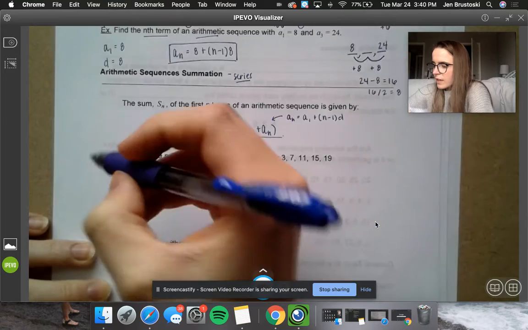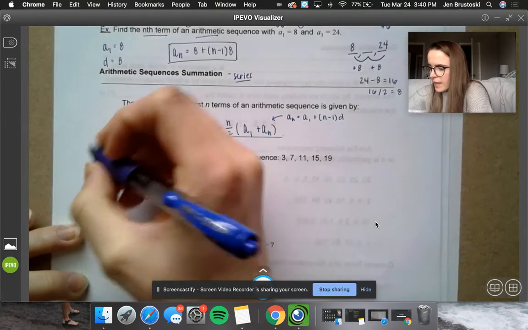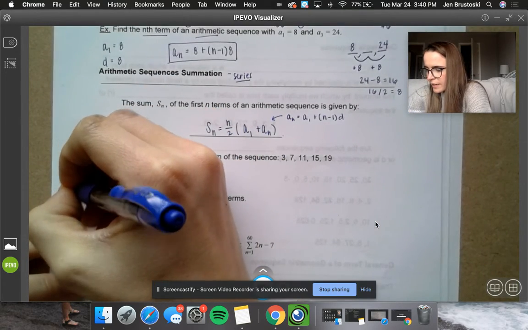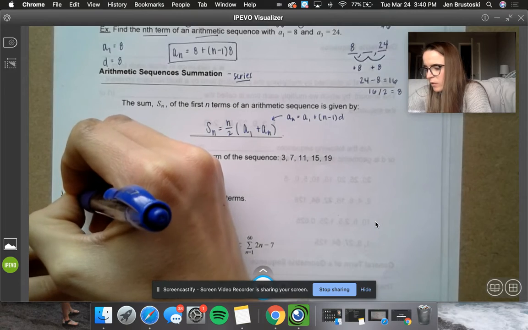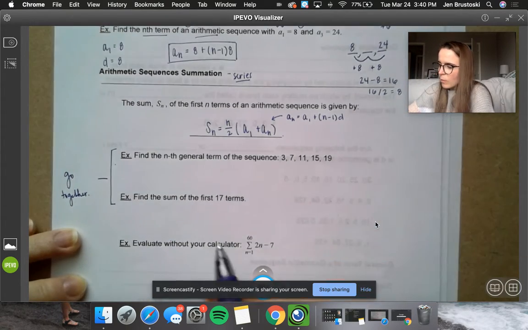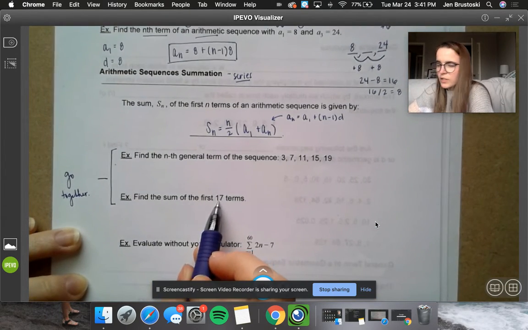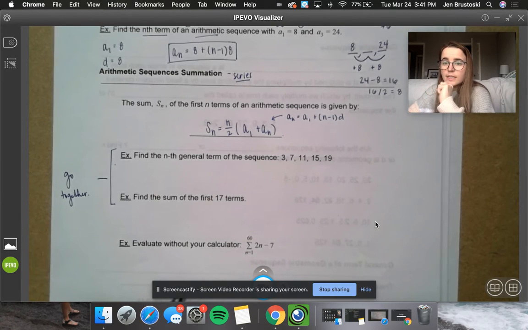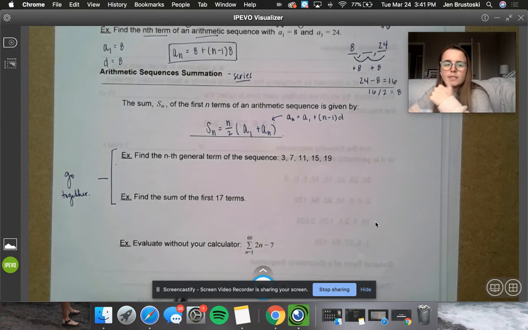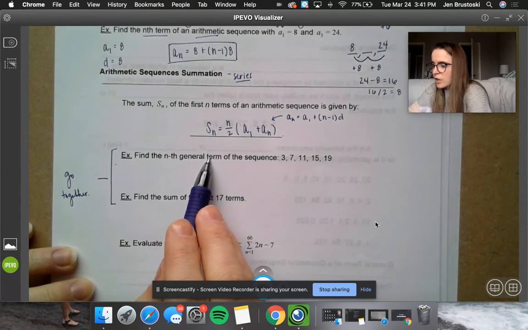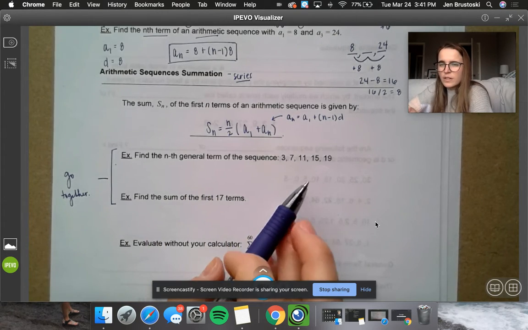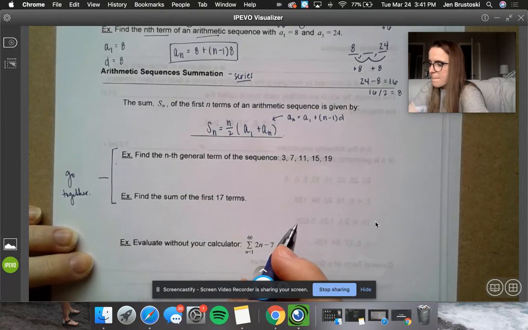Okay, so I have these two examples. They go together here. It's kind of breaking down one problem. So it wants us to find the sum of the first 17 terms. So it's in two parts here, kind of step 1, step 2. We first need to find the nth term of the sequence. Find the general term first. It makes your life a lot easier.